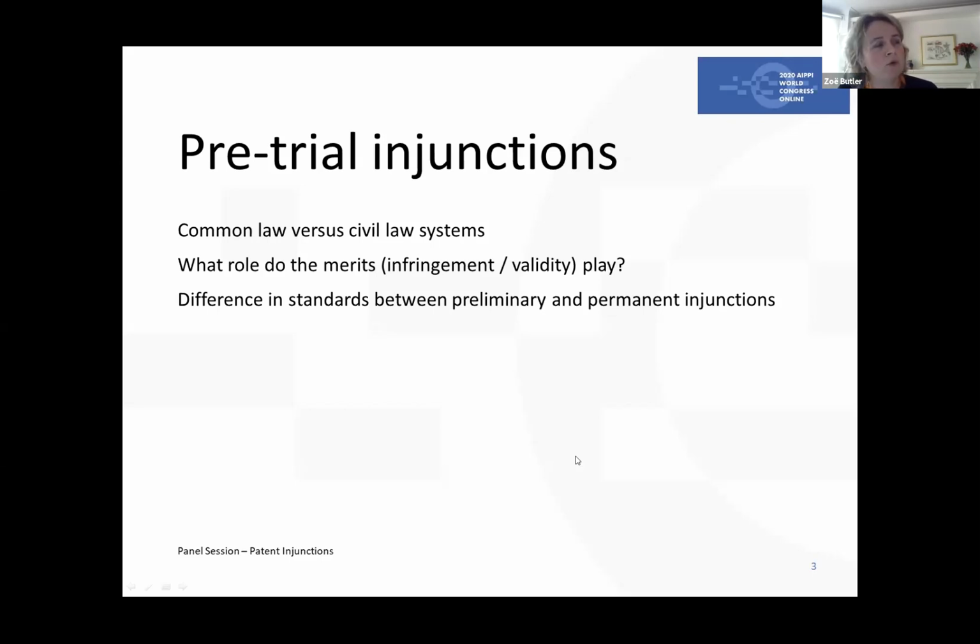There was a preliminary injunction case, I think it was last year, in the Evalve and Edwards dispute, where the question of public interest was raised as a reason why a PI shouldn't be granted. In the end, the judge didn't need to get to that question because the patentee failed on irreparable harm.